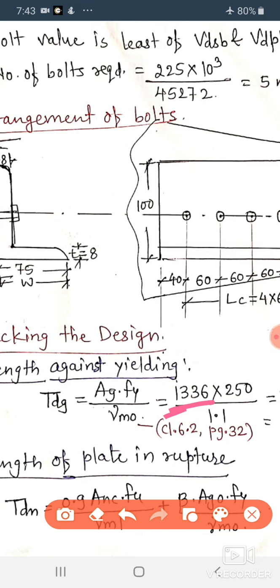So after selecting the section, that is ISA 100 by 75 by 8, from the steel table you will be noting down the area, that is 1336. So that area, for that section you are checking, so we have to consider that area, that is 1336 into 250 upon 1.1.